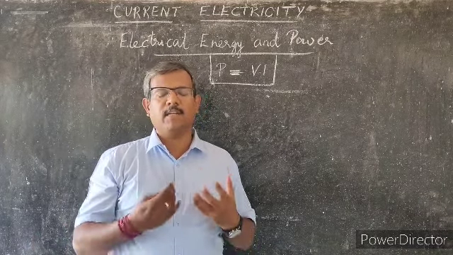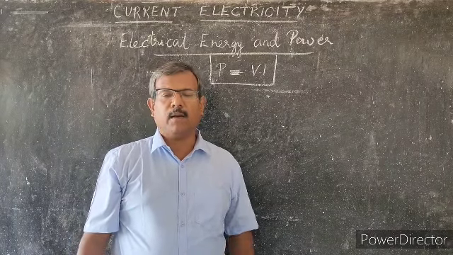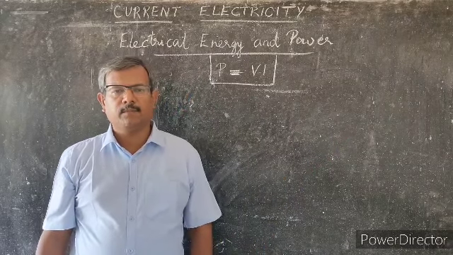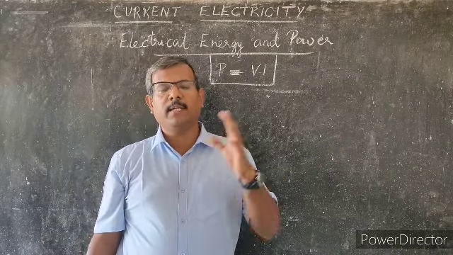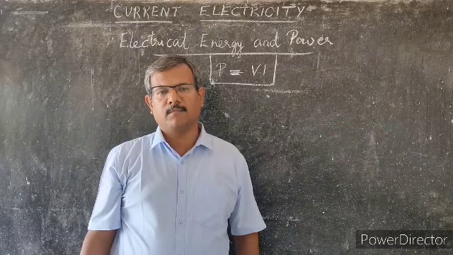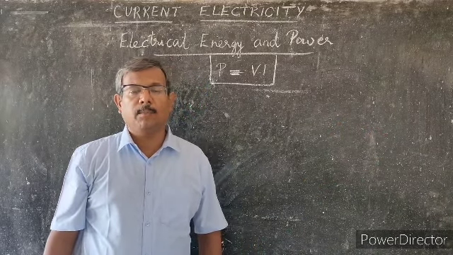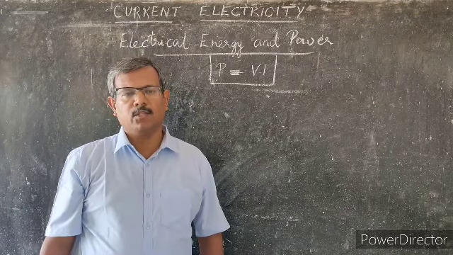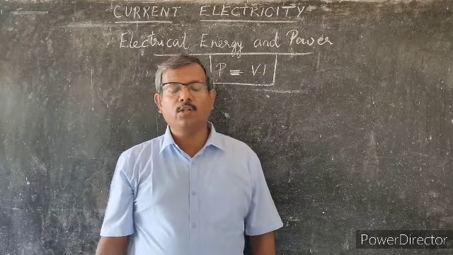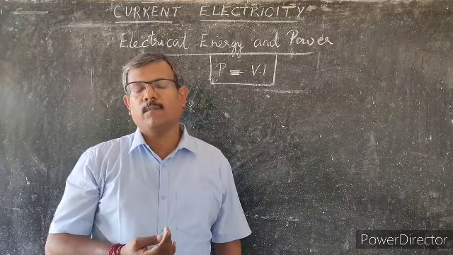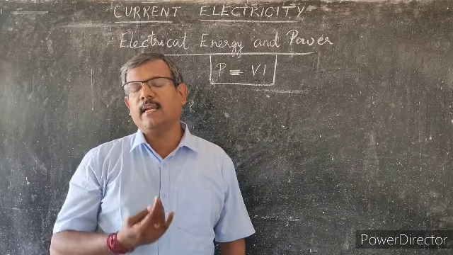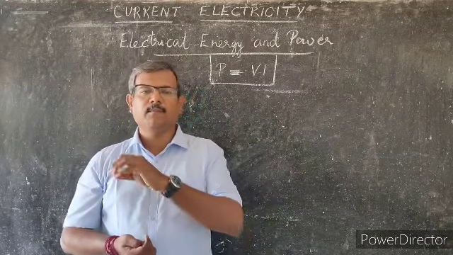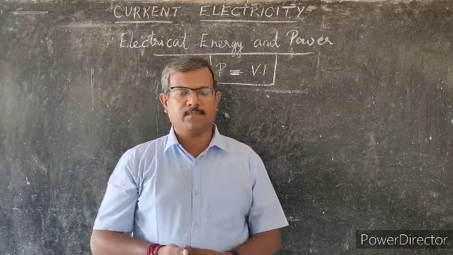And once this power is generated, it needs to be transmitted as electrical energy over thousands of kilometers through conducting cables and wires to the place where it would eventually be used. So this particular equation also gives us a way to reduce the amount of power loss that happens when I transmit electricity over large distances.